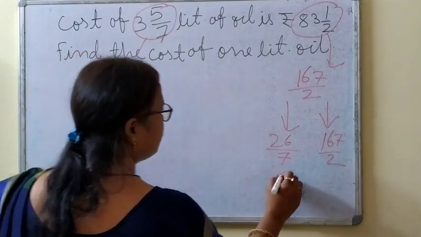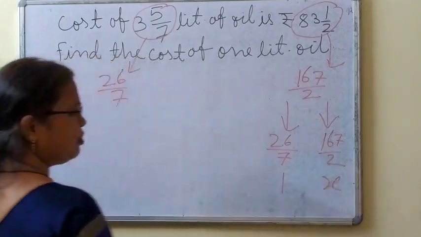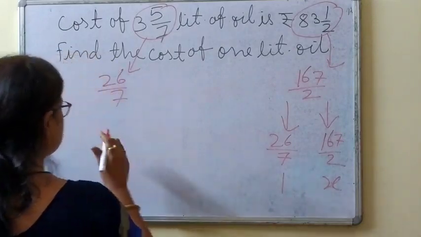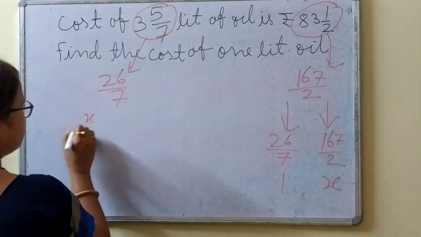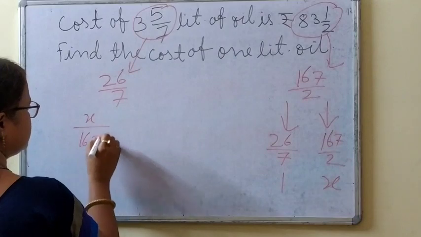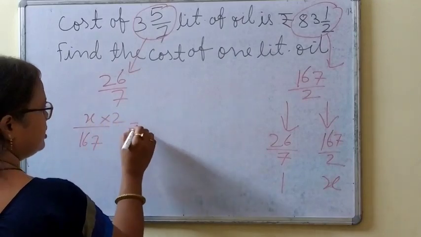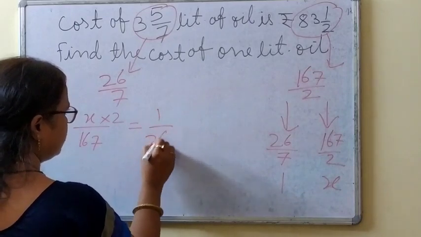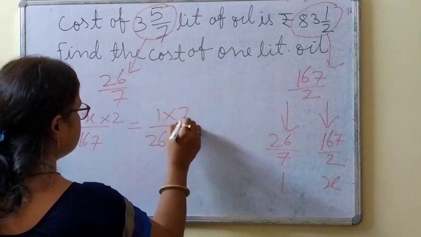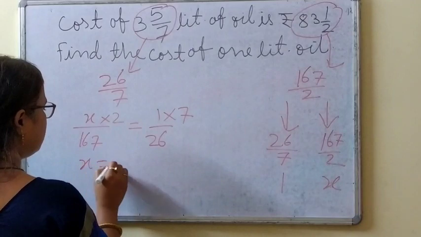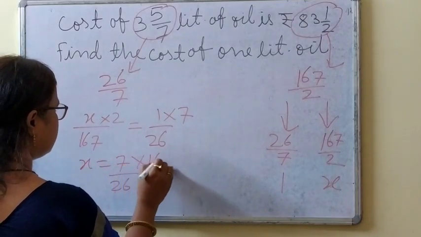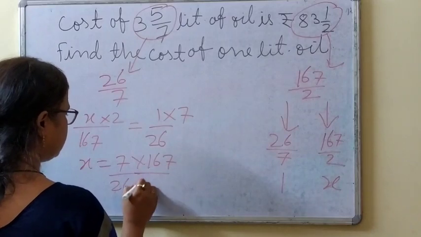Then the cost of 1 liter of oil, let it be rupees X. Then solve it. X by 167 by 2 equals 1 by 26 by 7. Then X will be equal to 7 by 26 into 167 by 2.